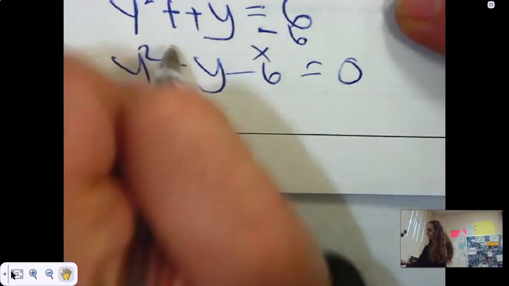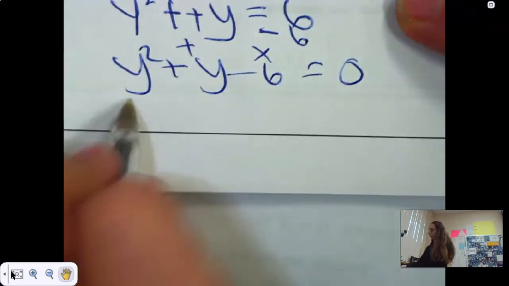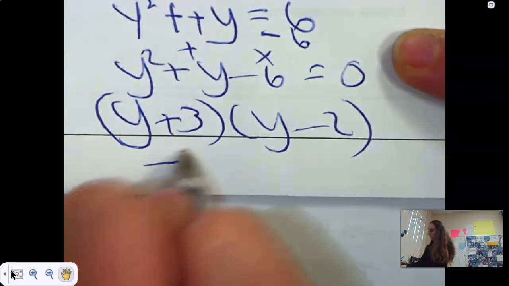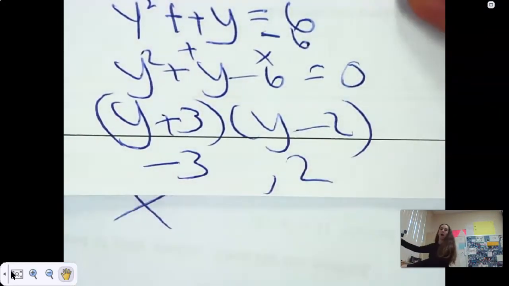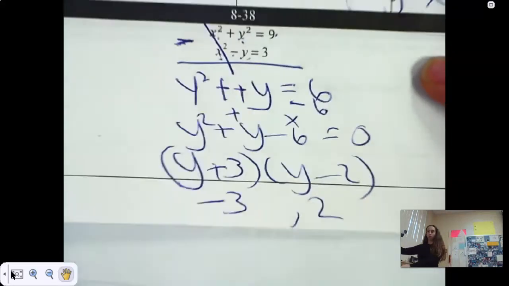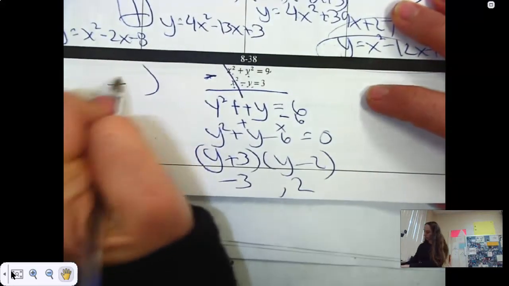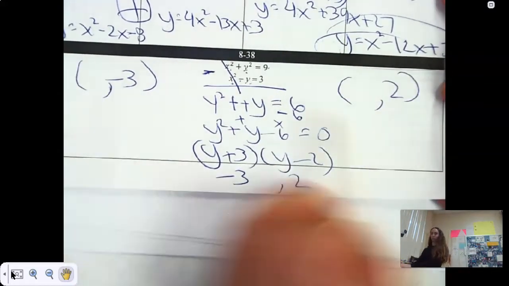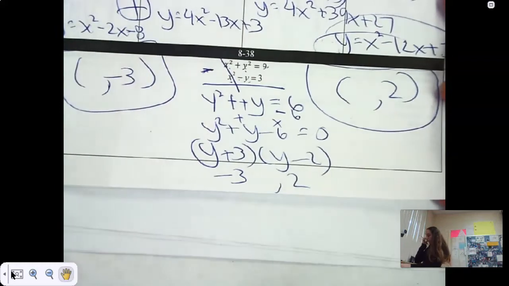Factor it out, find 2 numbers that multiply and 2 numbers that add. And then I get -3 and 2. I found 2 y values, which I will now put here, and I will put here. There's one answer, there's the other one. But I got to find the x value.